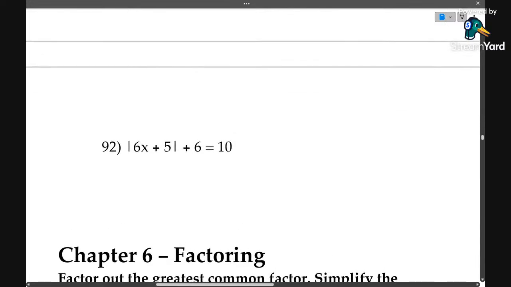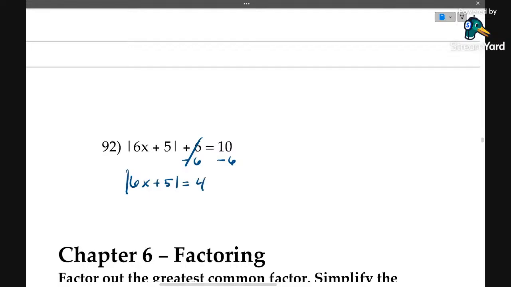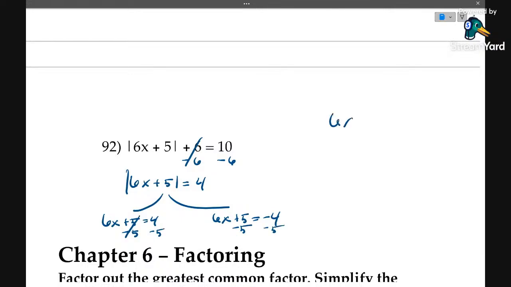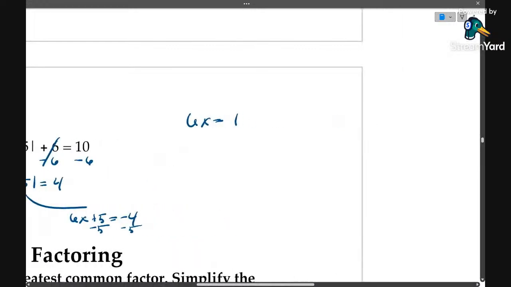One more. We're going to go ahead and isolate first. So we'll have the absolute value of 6x plus 5 equals 4. And we'll split: 6x plus 5 equals 4, and 6x plus 5 equals negative 4. We'll subtract 5 from everything, giving us 6x equals negative 1 and 6x equals negative 9.